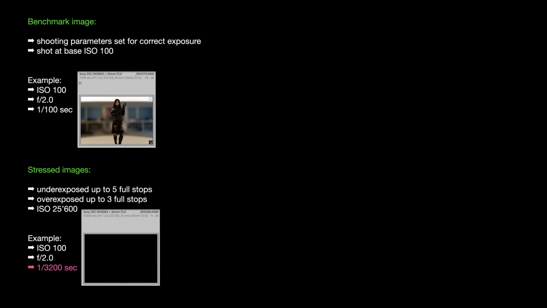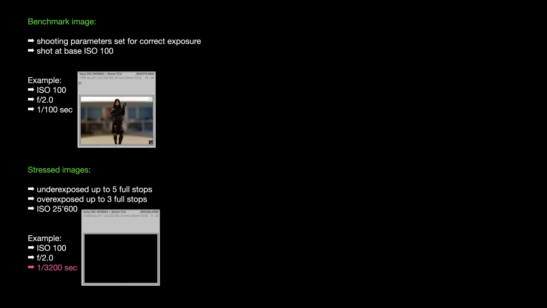5 which are underexposed, 3 which are overexposed, and 1 with a pretty high ISO of 25,600. In the 5 underexposed images, we go for 1 full stop, 2 full stops, and so on, up to 5 full stops. In overexposure, we go to 1 full stop of overexposure, up to 3 full stops.